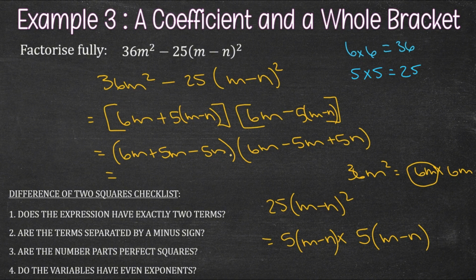And now let's put the like terms together. 6m plus 5m gives us 11m minus 5n. And in this bracket, we've got 6m minus 5m gives us 1m plus 5n. And there is our factorized answer.